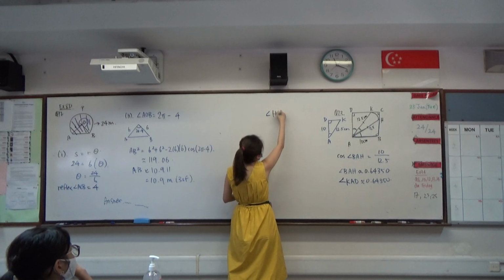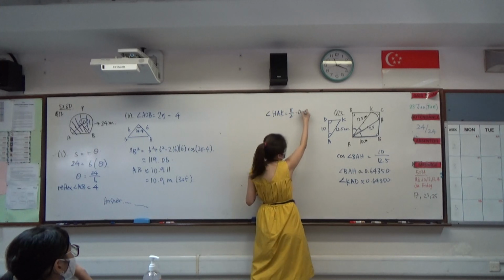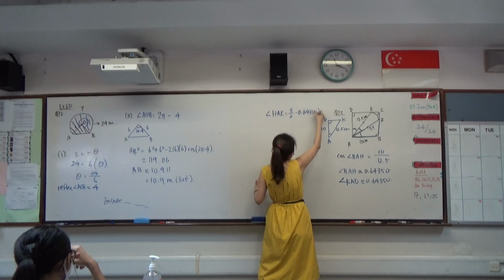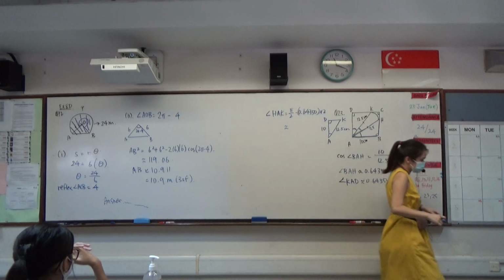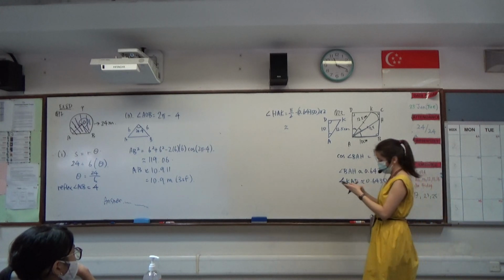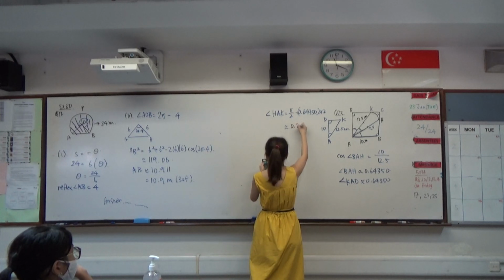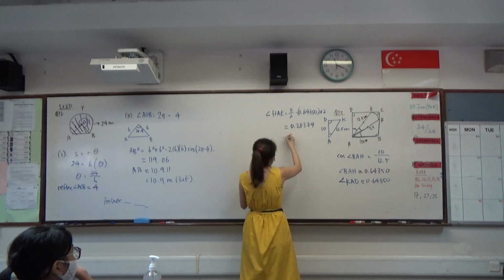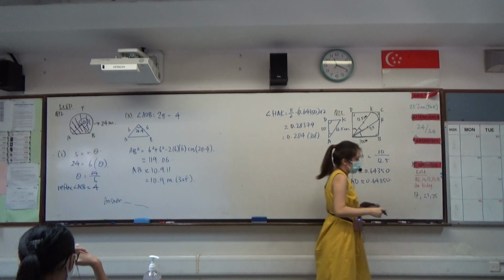So angle HAK is pi over 2 minus 0.64350 twice, and we will get 0.284. That will be in radians.